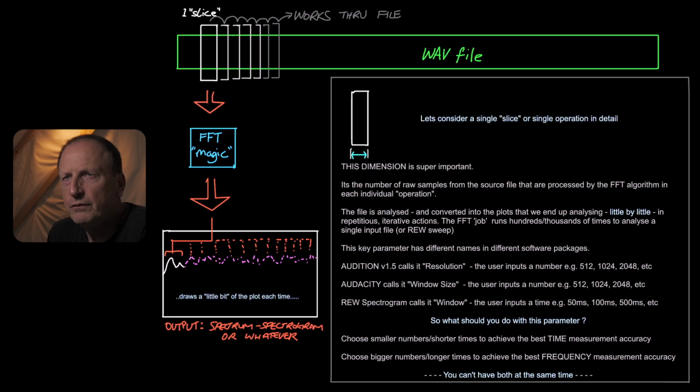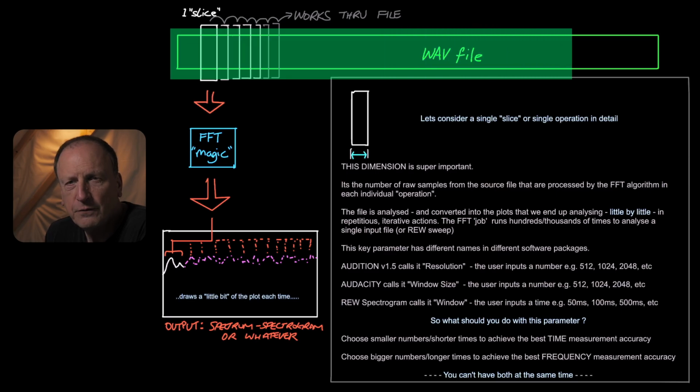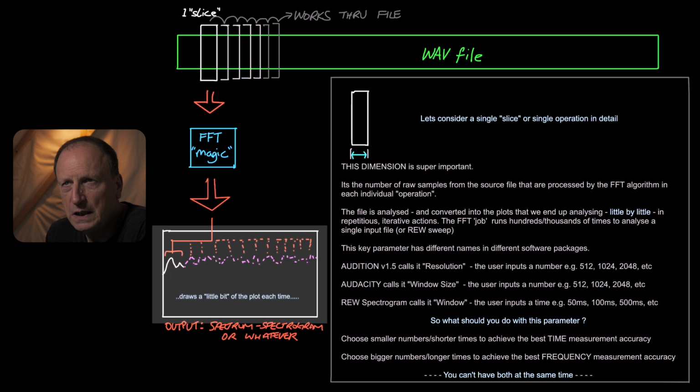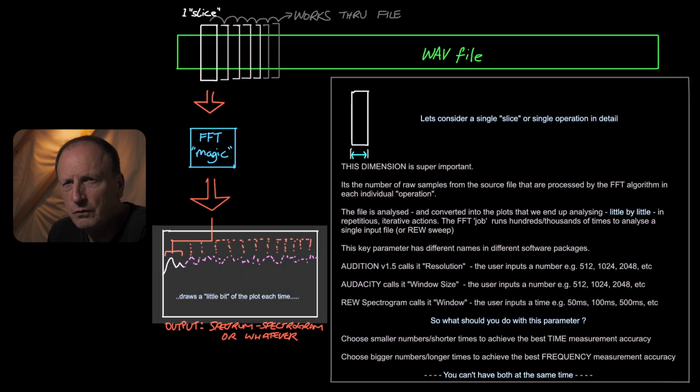Let's think about what happens to an individual WAV file as it's converted into a spectrographic view. The WAV file, represented by the green rectangle, let's say it's a 48K sampled file, is processed into the spectrogram in small steps, repetitiously actioned throughout the file.